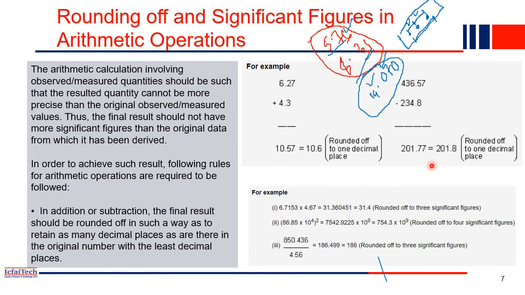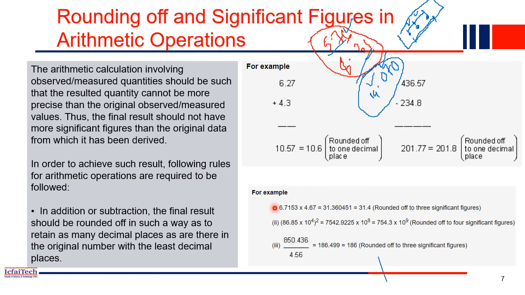The rules we discussed in the earlier class, the same thing we are doing here. Similarly, for subtraction the same rule will apply, and for multiplication and division also it is similar. For example, you want to multiply this length with this length. See how many least significant figures there are. How many significant figures are here? 1 2 3 4 5.